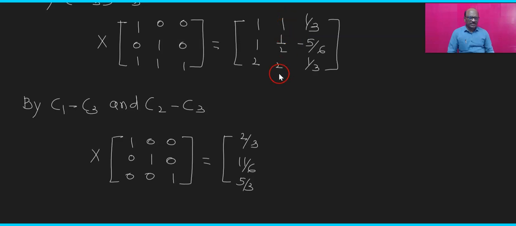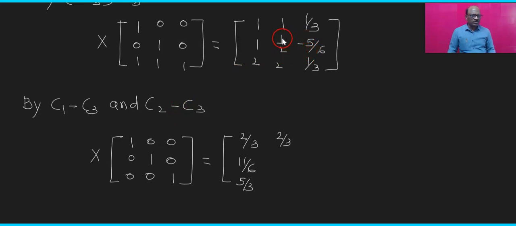Now the second column, C2 minus C3. That is 1 minus 1 by 3, therefore you will get 2 upon 3. Next is 1 by 2 minus 5 by 6. Sorry, once again I will repeat here: 1 upon 2, minus and minus will become plus, that is 1 upon 2 plus 5 by 6.